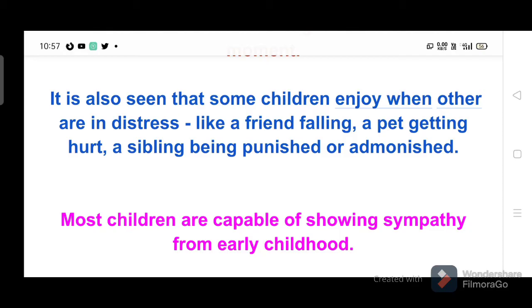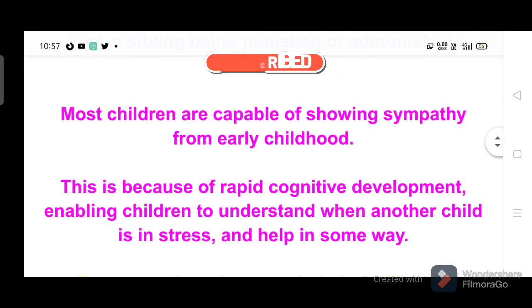They become happy and enjoy when others are hurt, or when friends, peers or other members of his family are in pain or being punished by the elders. They enjoy such moments.